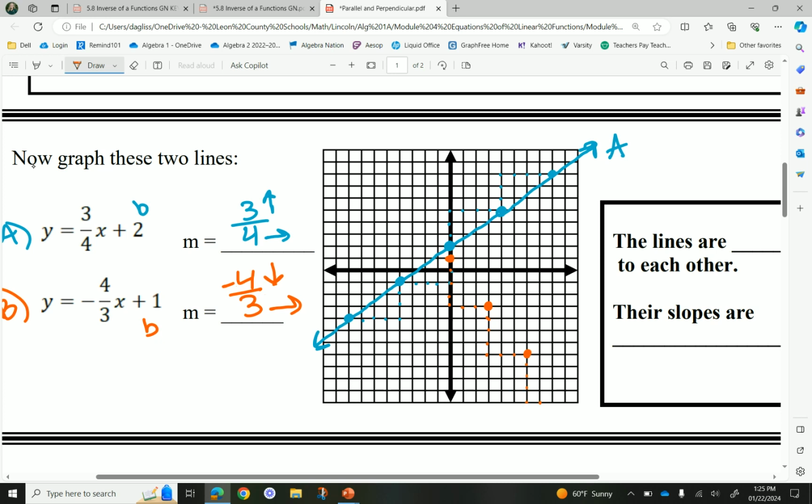Down 4, over 3. If I wanted to go backwards, I would go up 4 and then backwards 3.